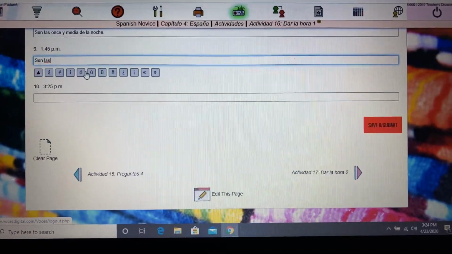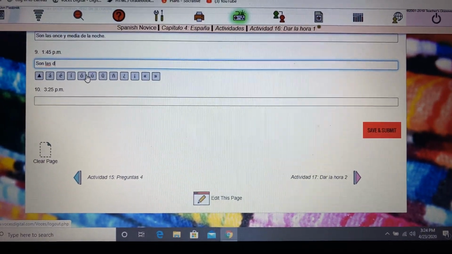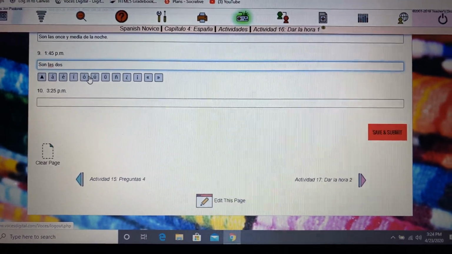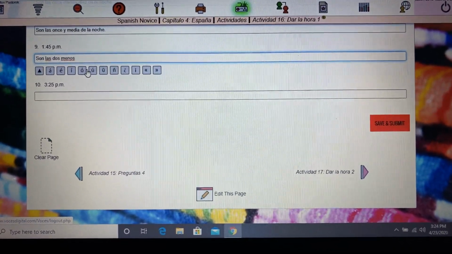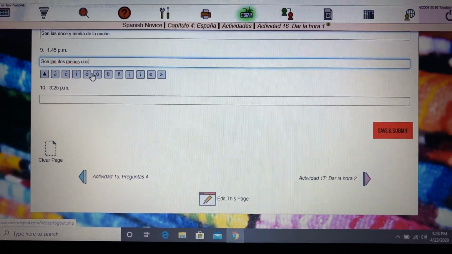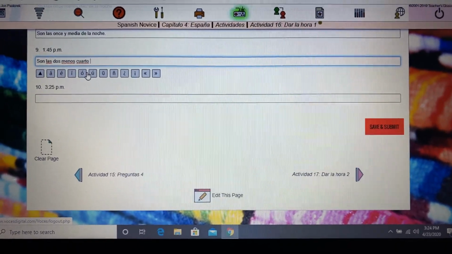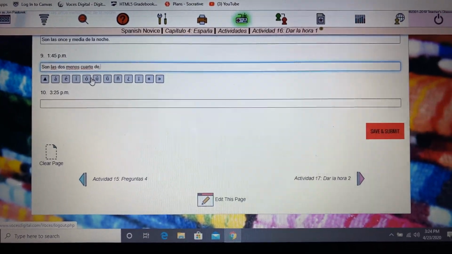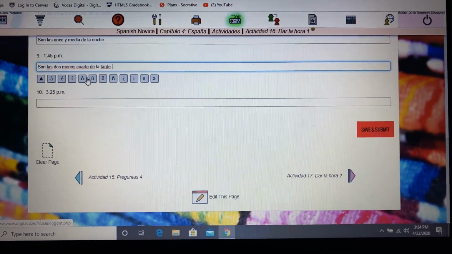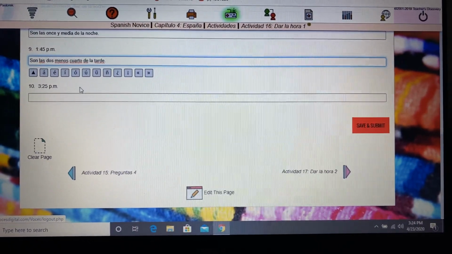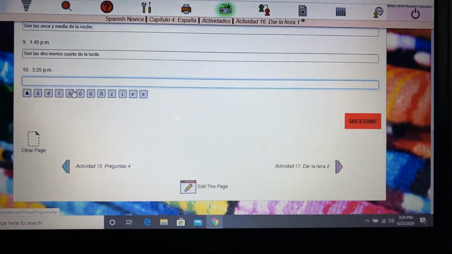The next hour from 1 is 2. Then I have to subtract, menos. And we have that special time, so we use the special word, cuarto. And this would be de la tarde. Punto.